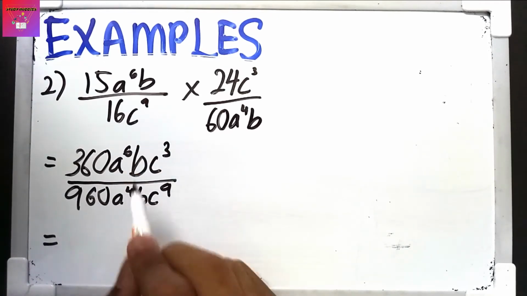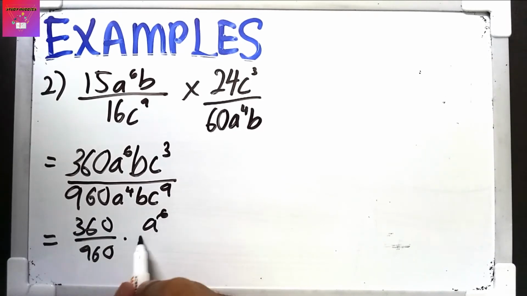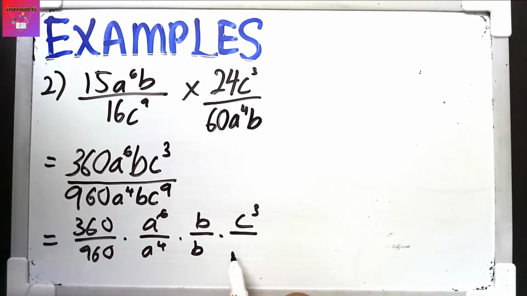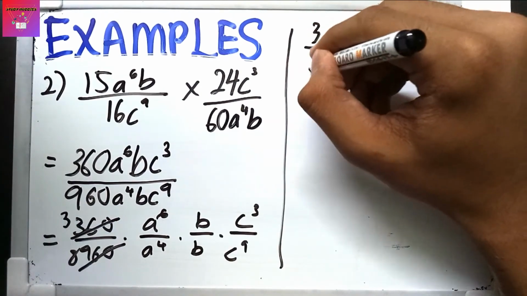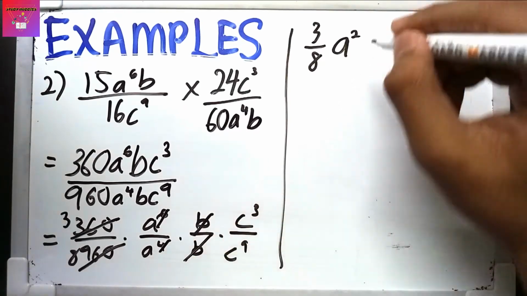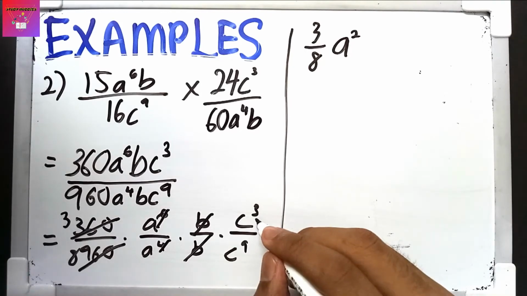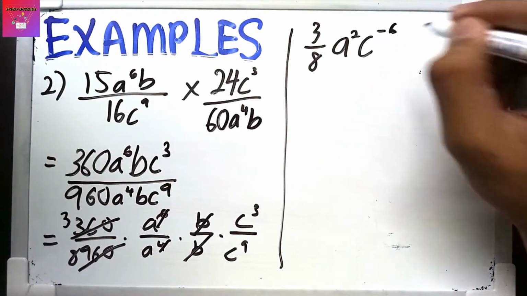After we come to this part, we just have to do it for everything one by one. So 360 over 960 times a power 6 over a power 4 times b over b times c cube over c power 9. 360 divided by 960 would be 3 over 8, a power 6 to a power 4 would be a square, b divided by b is 1, so you don't need to write it again, c cube divided by c power 9 would be c power (3 minus 9), so c power negative 6.